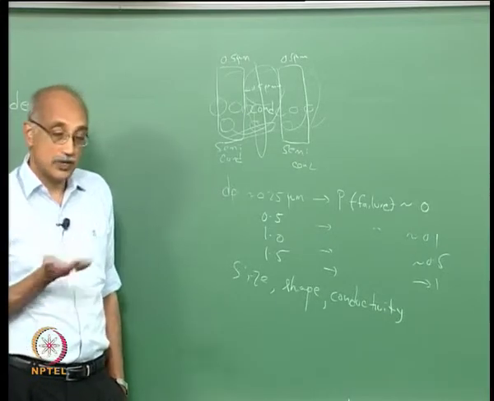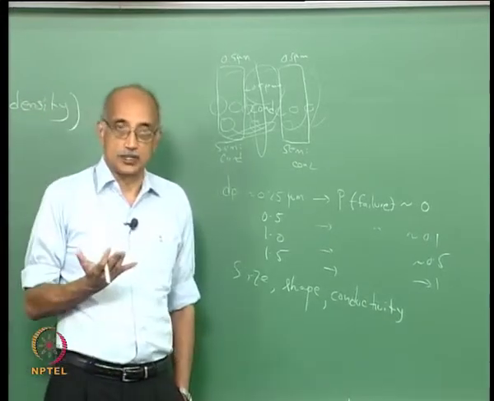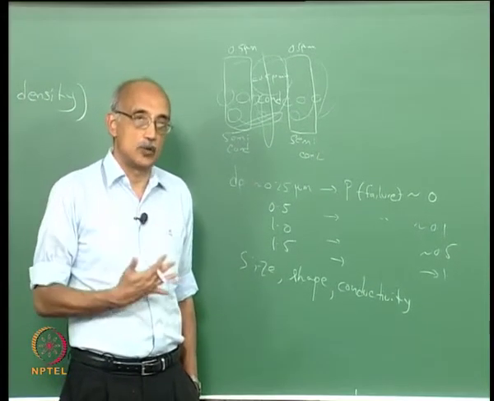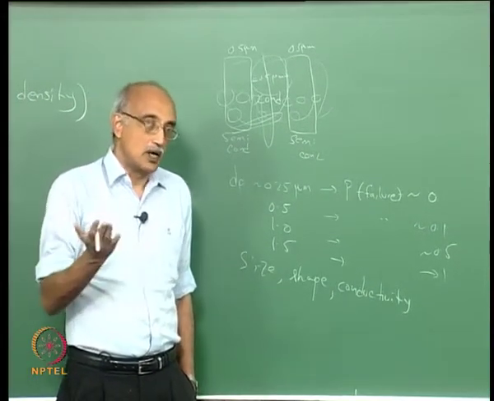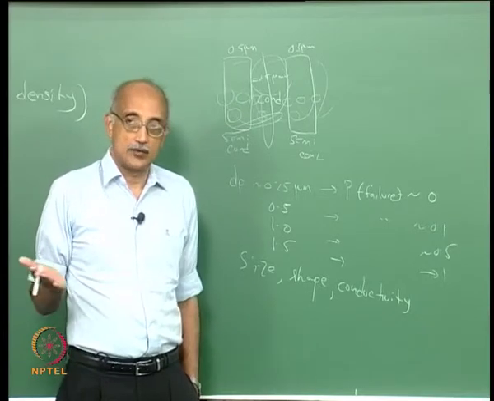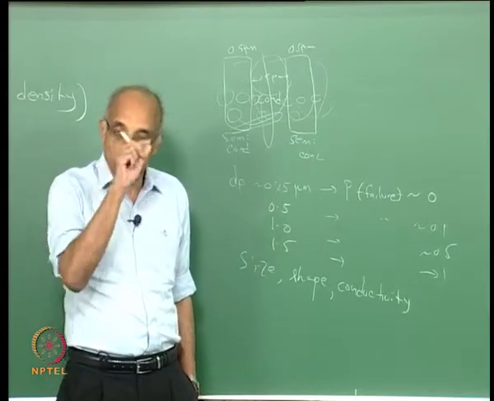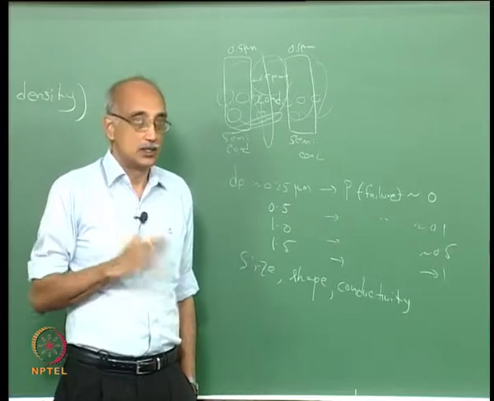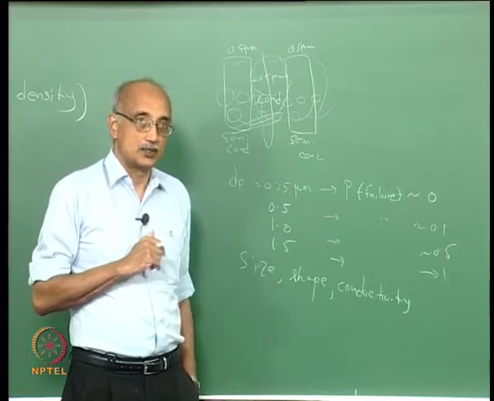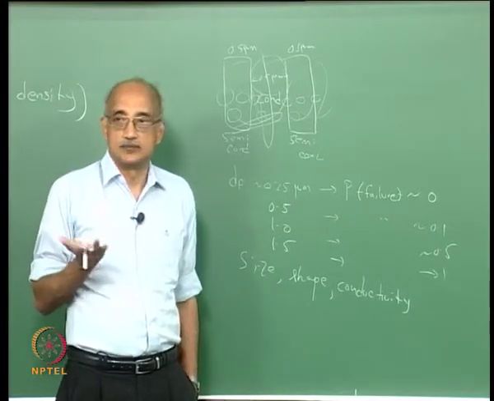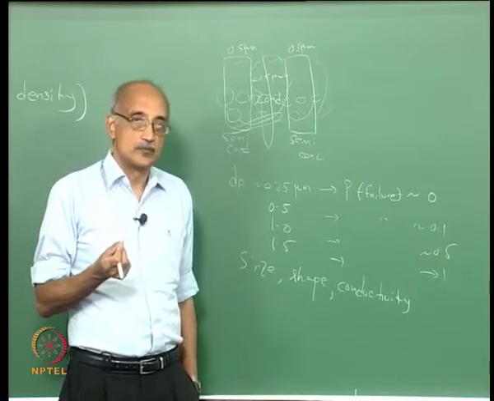Otherwise, most devices today are extremely robust, and they will withstand very high levels of particles in them. For example, a hard drive, it's always a miracle that a hard drive ever works, because if you actually looked at all the particles flying around inside a hard drive, there are literally millions of them. And so how do they even function? It's because they are designed to be very robust.